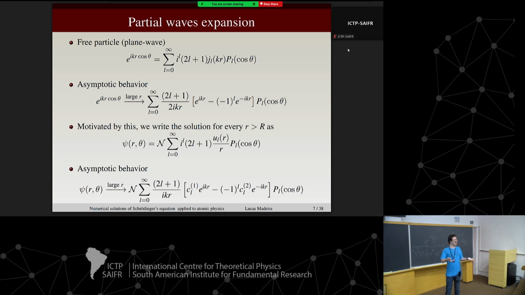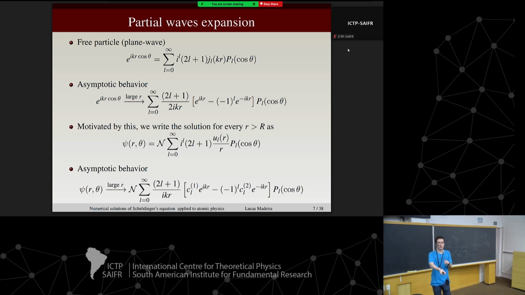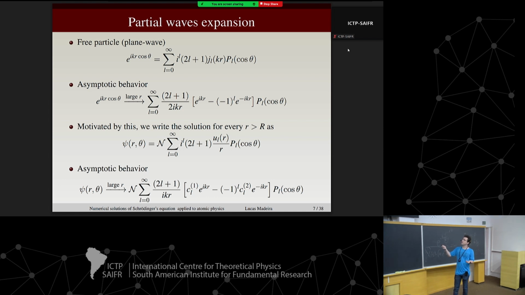But we want our wave function for all space. We don't want just our wave function for the free particle that's going towards the origin, right? So motivated by this, we write the solution of our wave function for every possible value of r, which is the combination of the incoming plane wave and whatever happened inside the scattering center. We write it like this, okay?